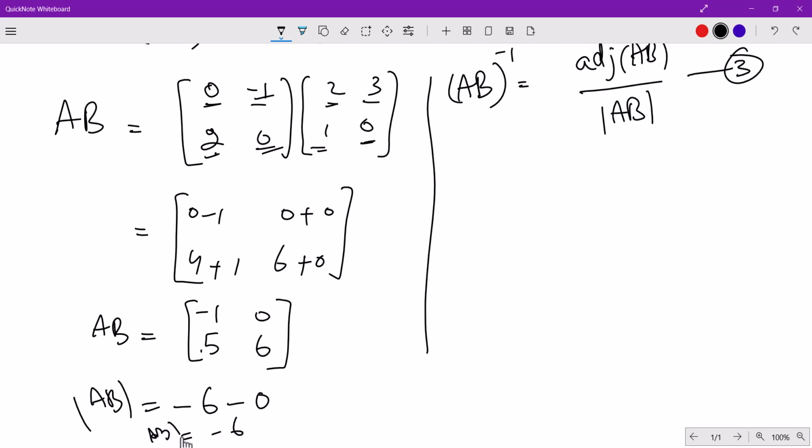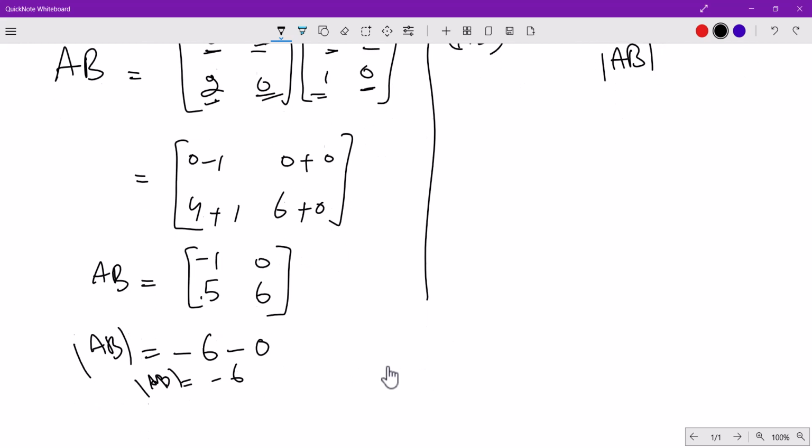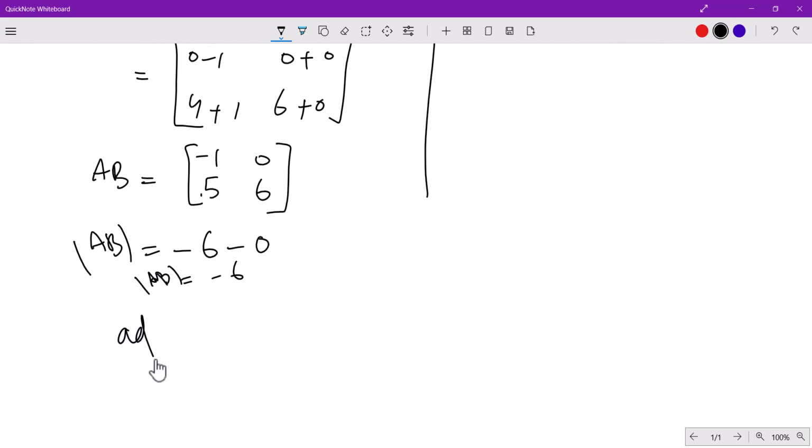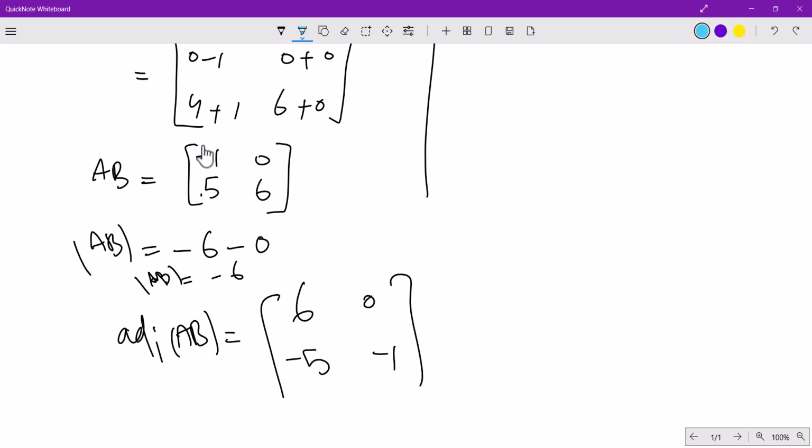The determinant of AB is minus 6, and the adjoint of AB is equal to [6, -1; -5, 0]. We change the position of the diagonal elements 6 and minus 1, and change the sign of the others, minus 5 and 0.